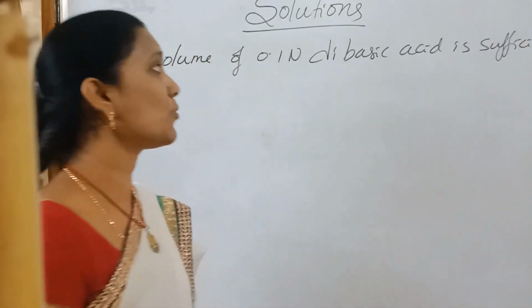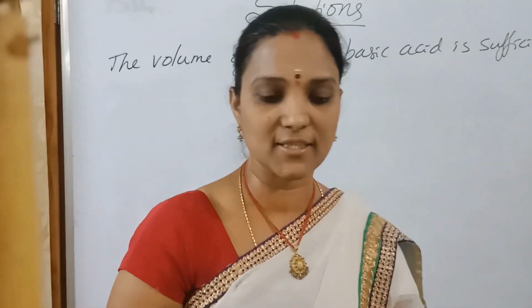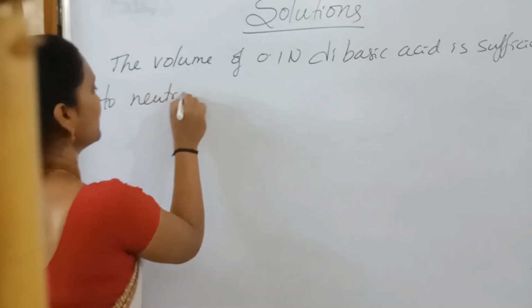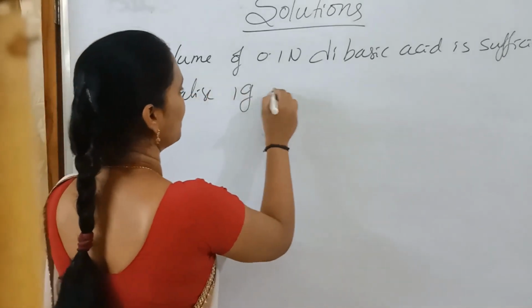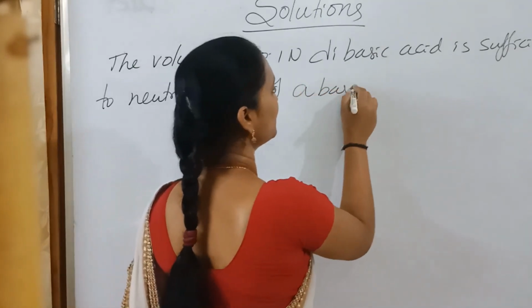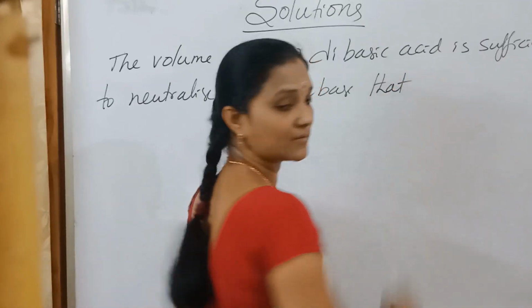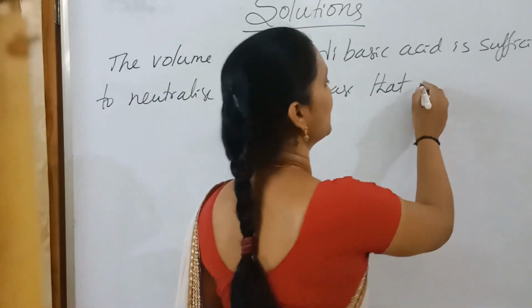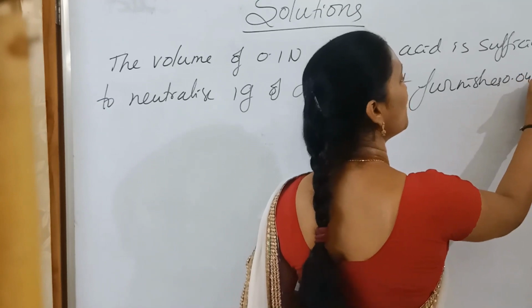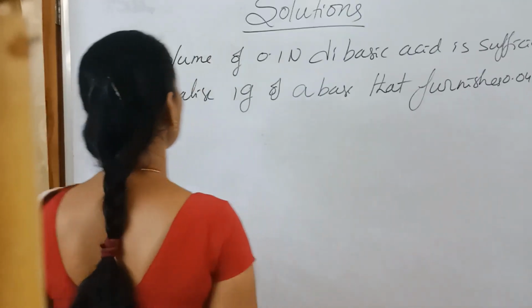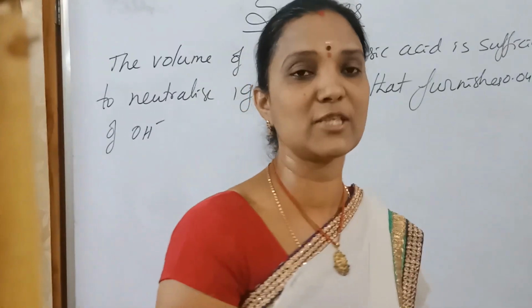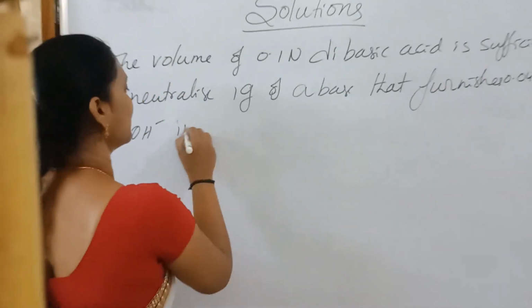The volume of 0.1 normal dibasic acid is sufficient to neutralize 1 gram of a base that furnishes 0.04 moles of OH minus in aqueous solution.